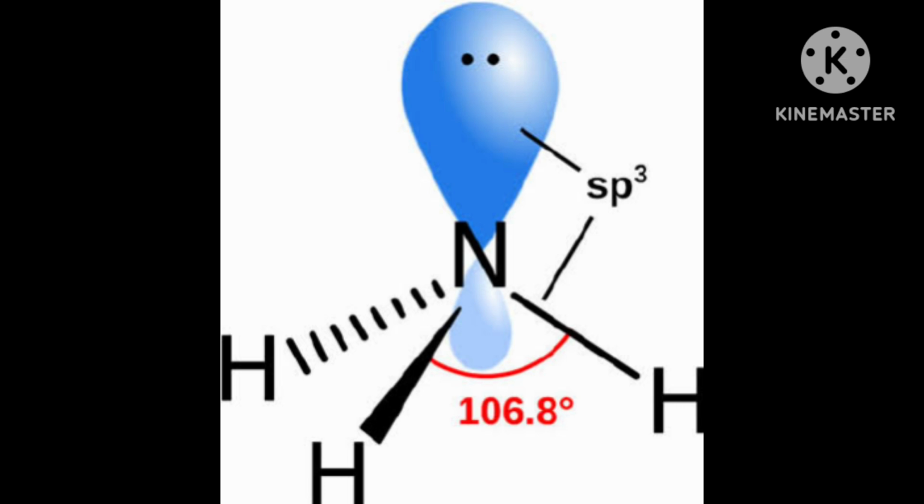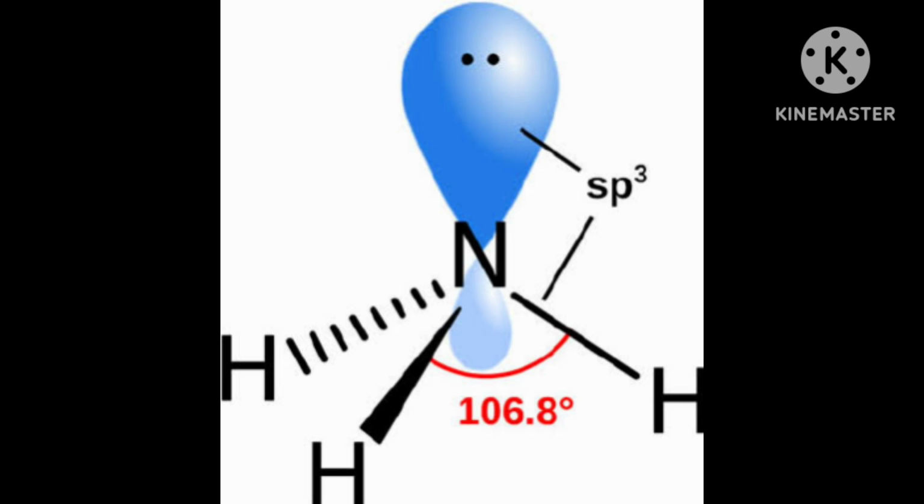Then ONO, 2 oxygen you have used, and N is in the middle. The angle is 130 degrees, ONO. And one oxygen is the third oxygen. Then the bond length of this N and O, that is a single bond.